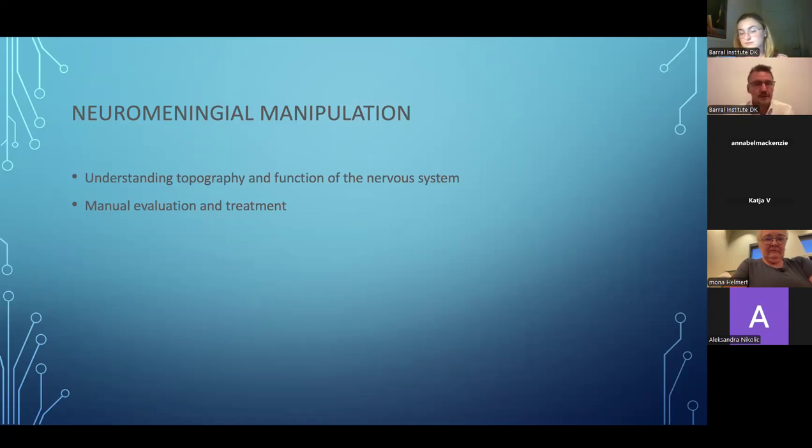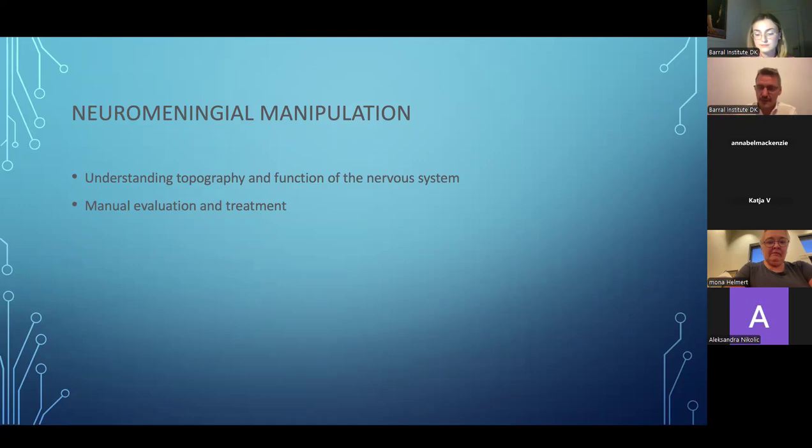So that is a lot of understanding of where the nervous system is within the cranium, within the brain, and coming down through the spinal canal and out of the different plexi and into the peripheral system.